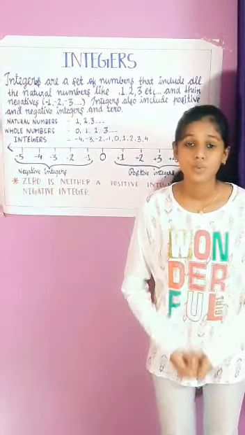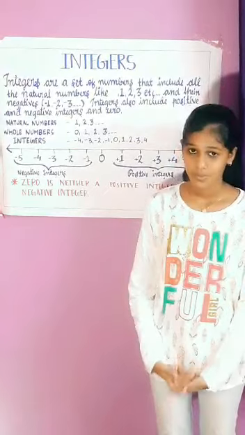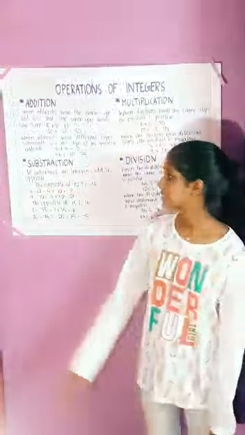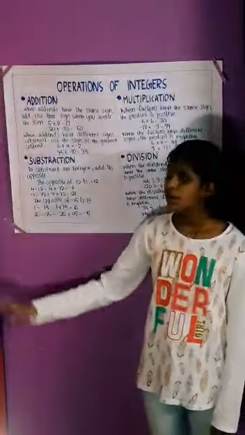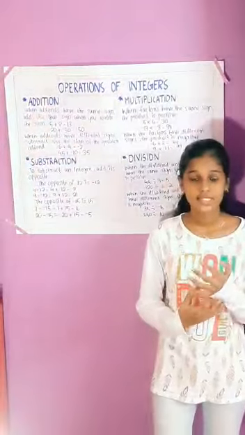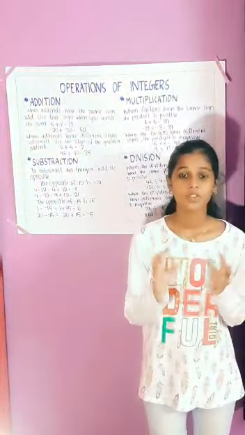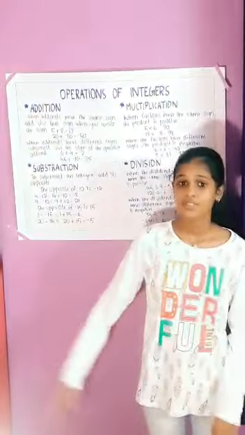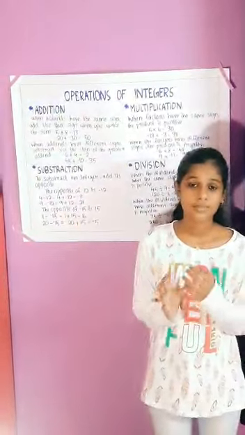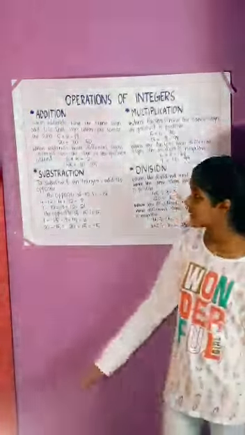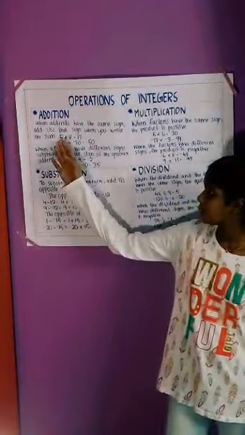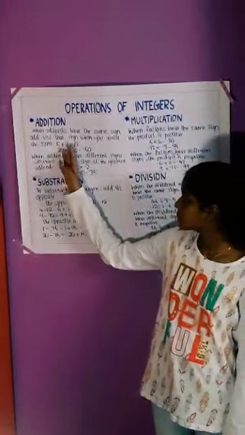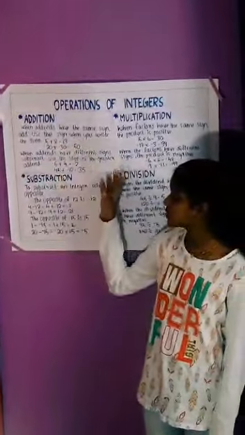So now let's move on to our topic, operations. Let's start with addition. When the addends have the same sign, add both the integers and after getting the sum, put the same sign. For example, positive 5 plus positive 8 is equal to positive 13.